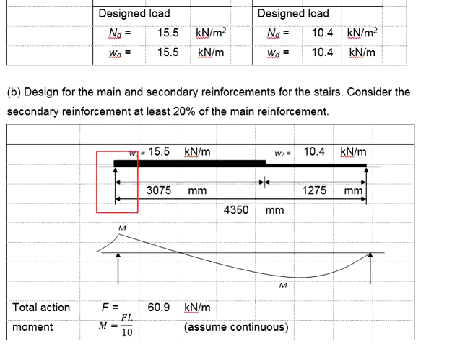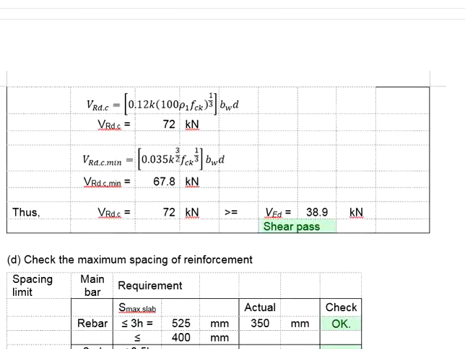Find the reactions here and here. Most likely, your maximum shear will occur here. Then your reactions shall be equal to the shear loads. Find the reactions and compare with the shear resistance.